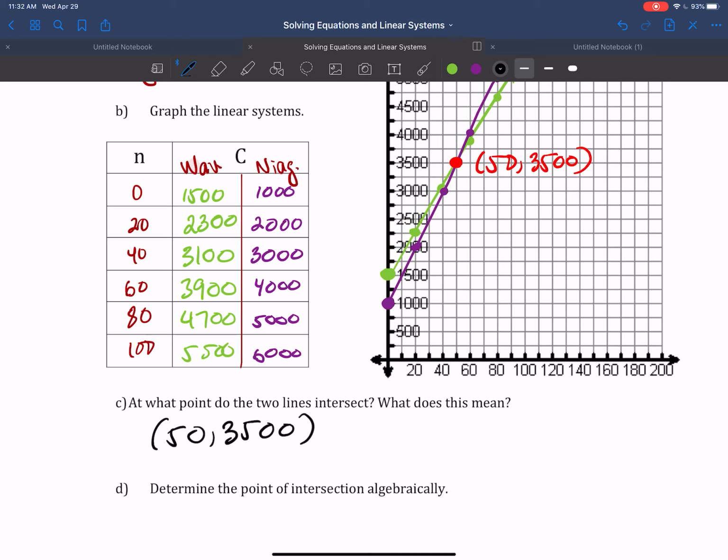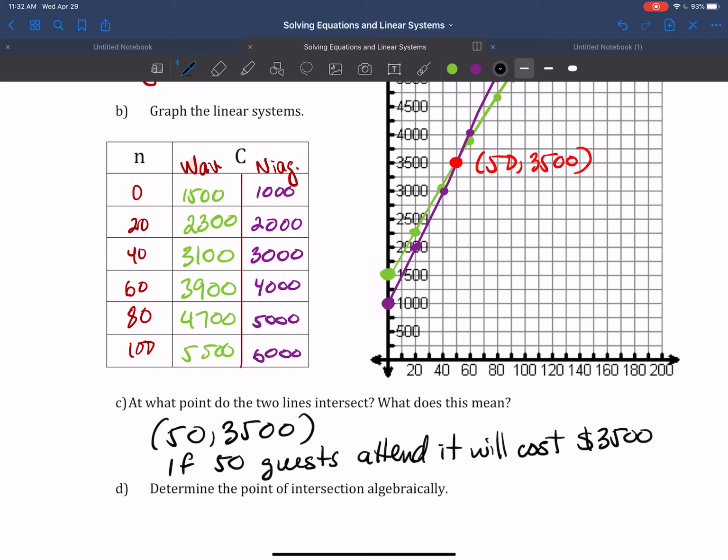Well, if 50 guests attend, it will cost $3,500 at both hotels. So it doesn't matter at that point if you take the Waverly or the Niagara.